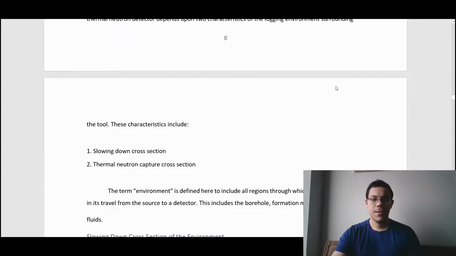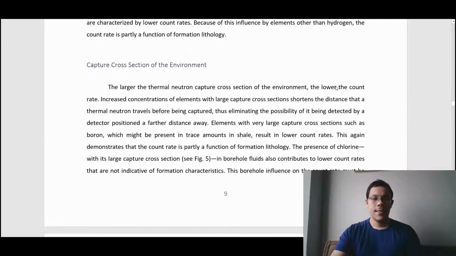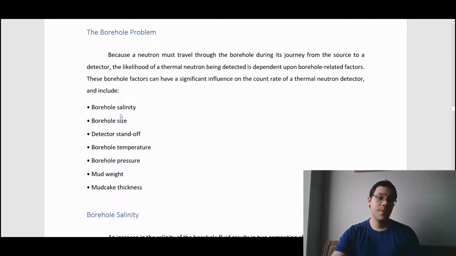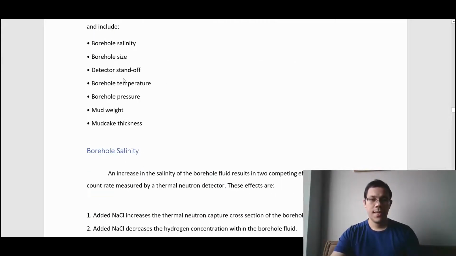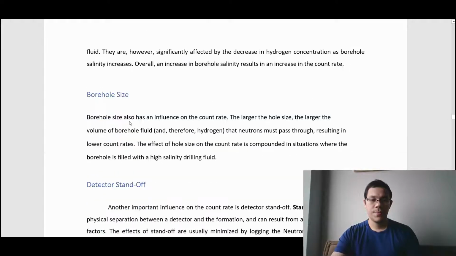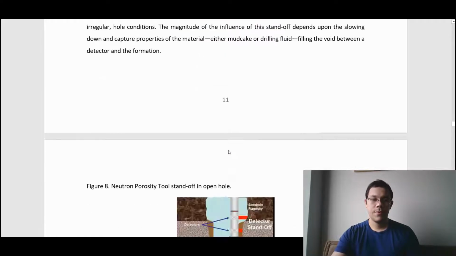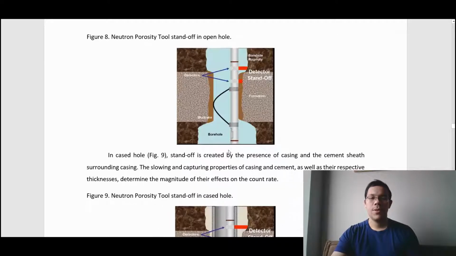Now let's talk about the detectors. All these things should be considered for making corrections: the effect of the borehole size, salinity, temperature, and the standoff of the detectors. Here is an accessory of the tool. It's a decentralizer regarding the standoff. So here we have a nice picture.